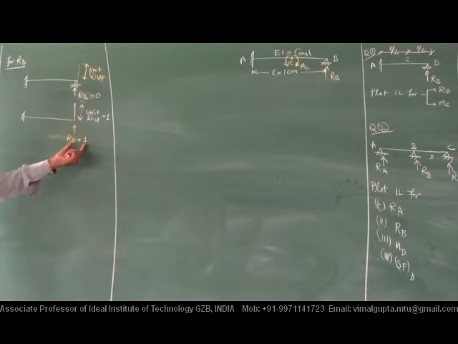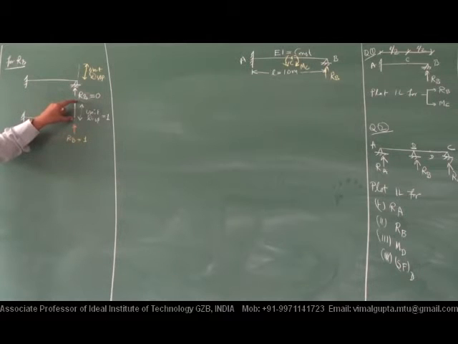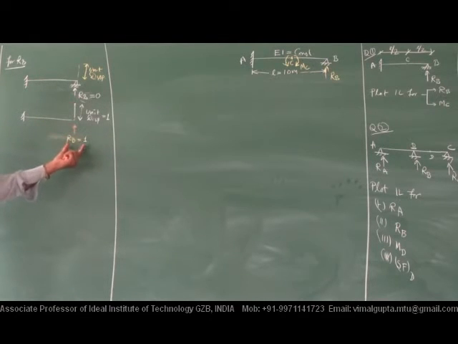If the displacement is 0.5 by applying unit load at this point, it means to provide unit displacement at that point, we must apply double the load.